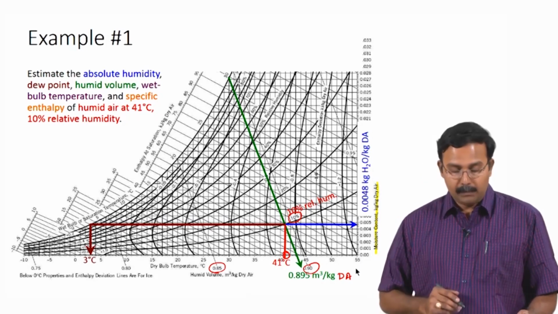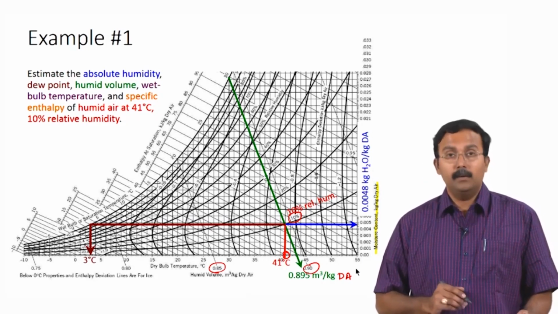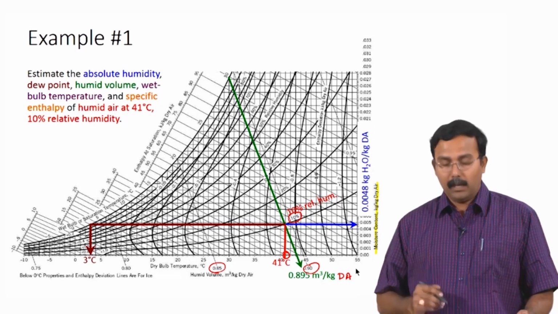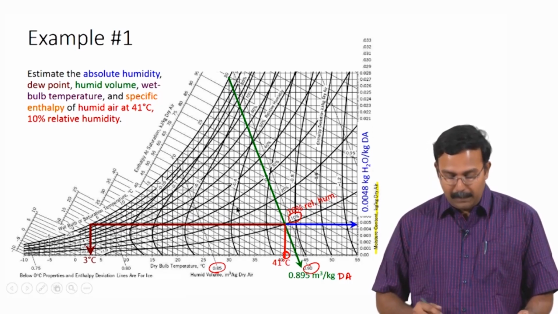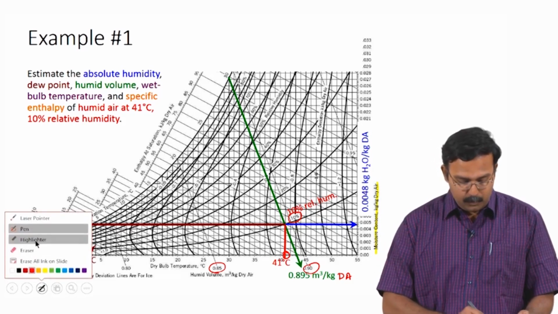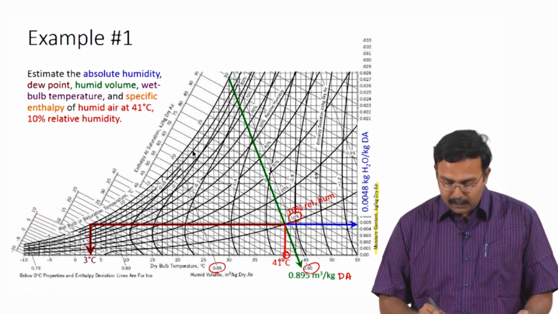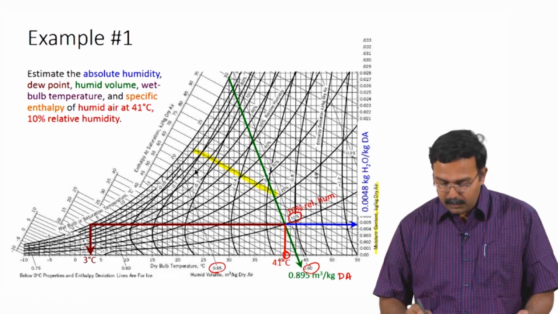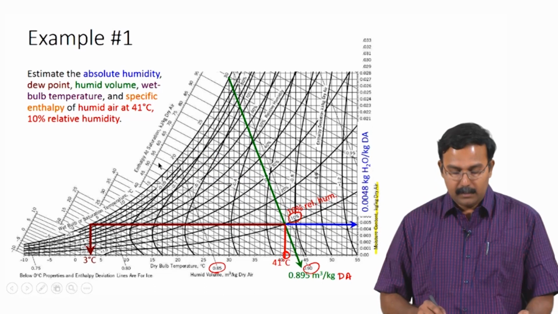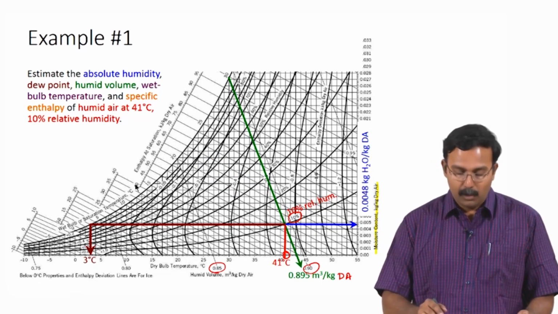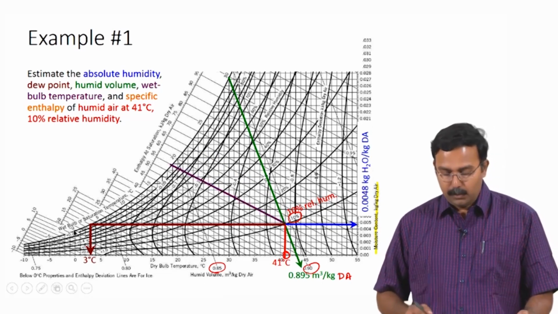Now, the next aspect we need to identify is the wet bulb temperature. For calculating the wet bulb temperature, again we have to draw a slanting line, parallel to these axes that are shown here. That gives us the wet bulb temperature when we go all the way to the saturation curve, which is what I have done here.